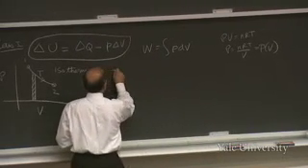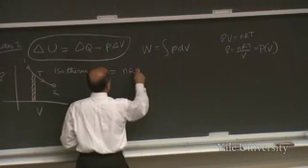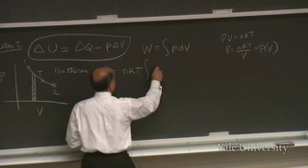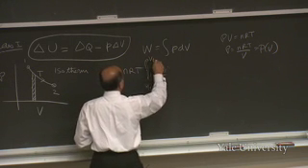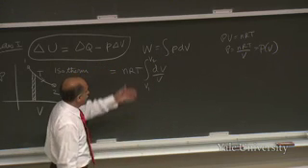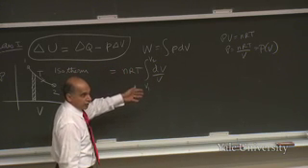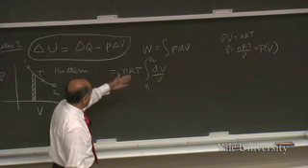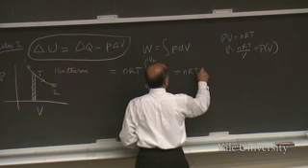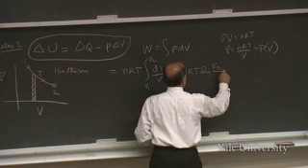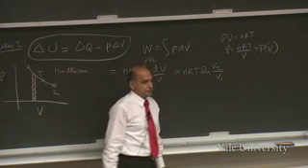And if you did that, you will find it's nRT. All of them are constants. They come out of the integral, dV over V, and I integrate from the initial volume to the final volume. You guys know this is a logarithm. The log of upper minus log of lower is the log of the ratio. And this gives me nRT log V2 over V1.